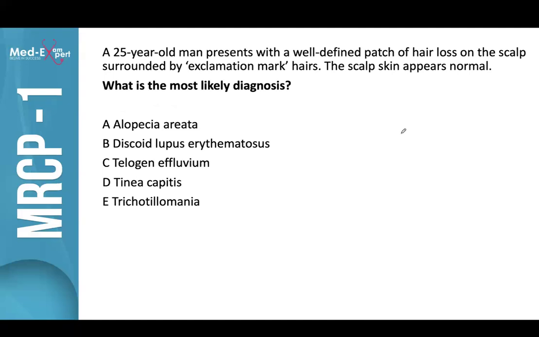A 25-year-old man presents with a well-defined patch of hair loss on the scalp, surrounded by exclamation hair marks. These are the dots. Exclamation hair mark is a characteristic feature, pathognomonic of one particular type of hair loss. What is it?